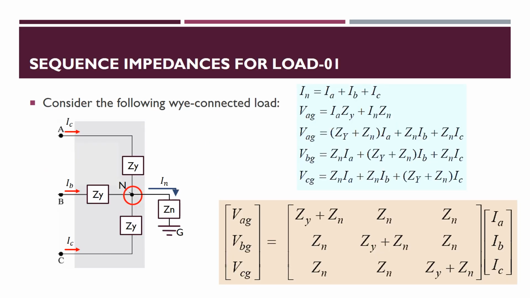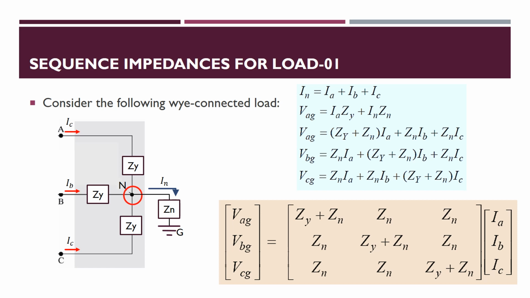So next we will see the sequence impedance for the load 1. That means we will see a load something like that. Here you know that In is equal to Ia plus Ib plus Ic, and VAG, that means the voltage between terminal A and the ground terminal, is equal to current into the impedance multiplication as given here, right?